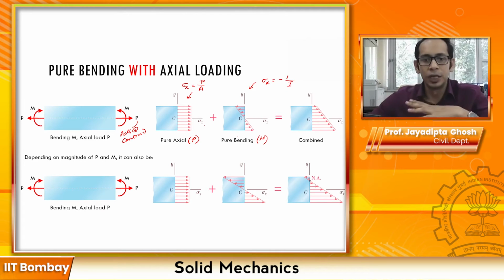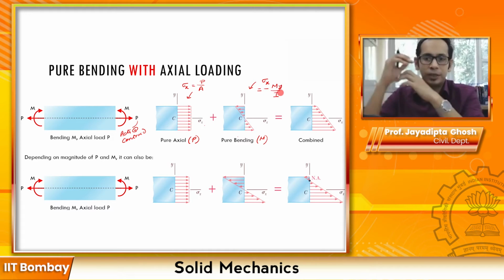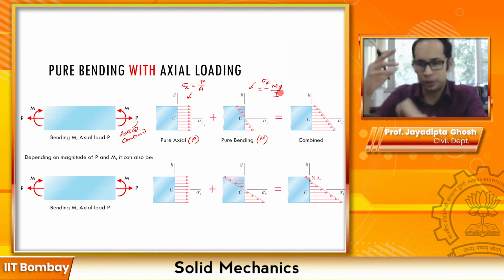Let me just rewrite that slightly below, it overlapped with my camera. So here sigma x equals minus My by I. Again, don't be bogged down with the signs and everything. Always make a logical judgment about the sign.